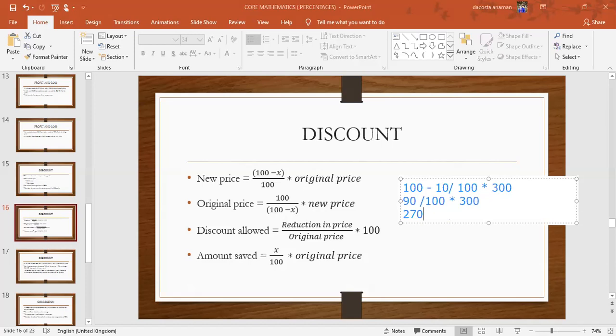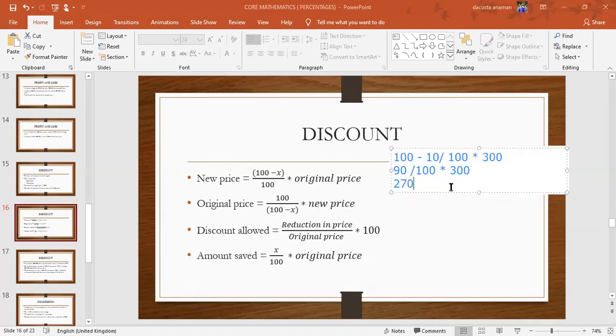Now, for instance, if we don't know the original price, but we have been given the new price, which is 270 cedis, and we are being asked to find the original price, what you will need to do is to pick the second formula, which is 100 over 100 minus x, and we know that our x is 10, times the new price, which is 270 Ghana cedis.